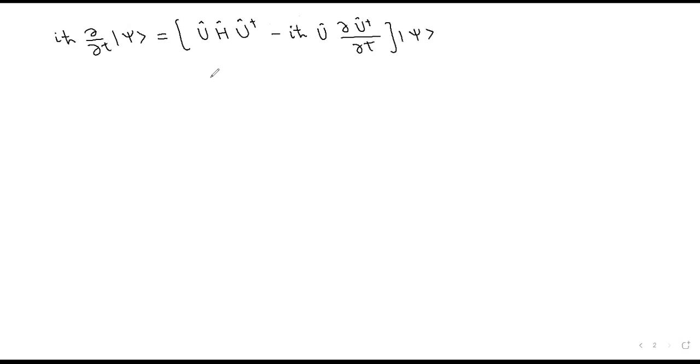And this certainly looks like the Schrodinger wave equation. So I can define this term as H tilde, the Hamiltonian in the rotating frame.